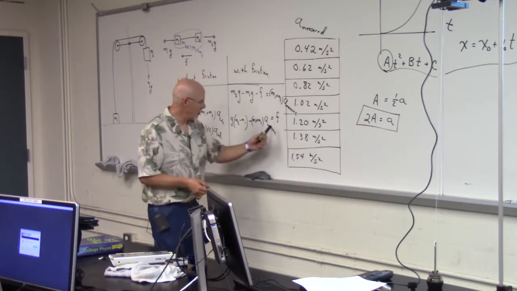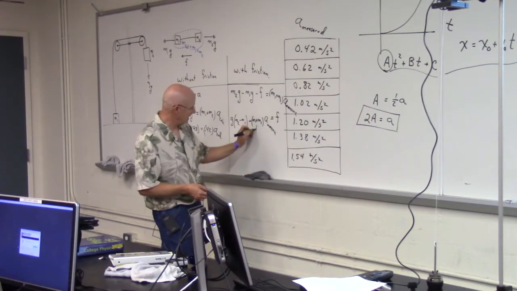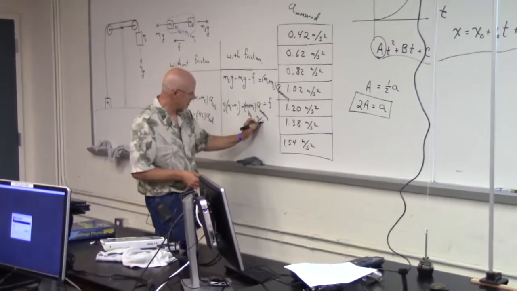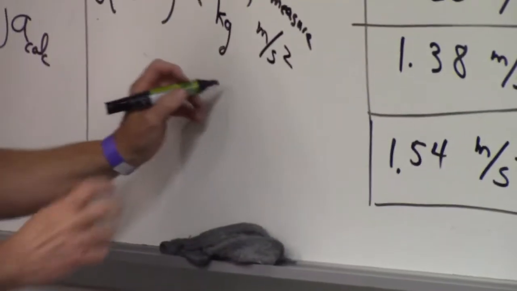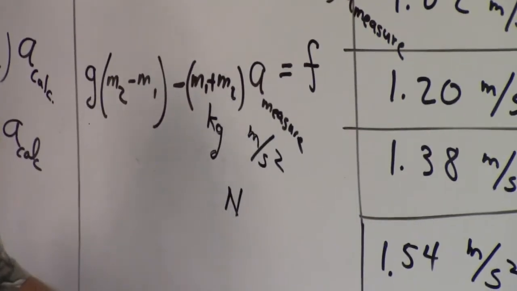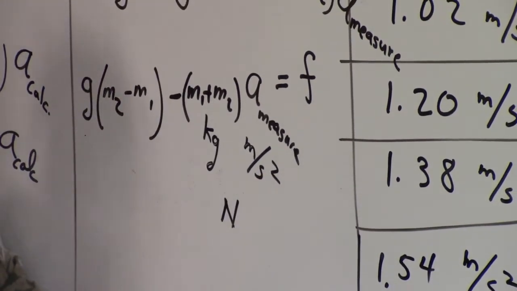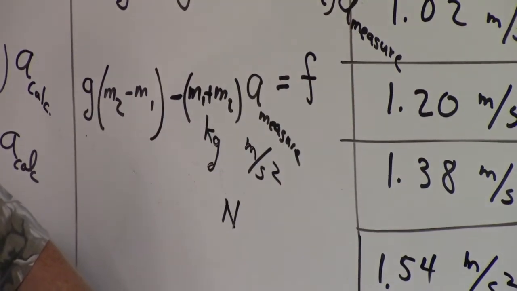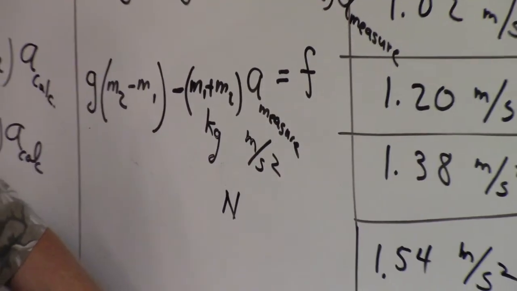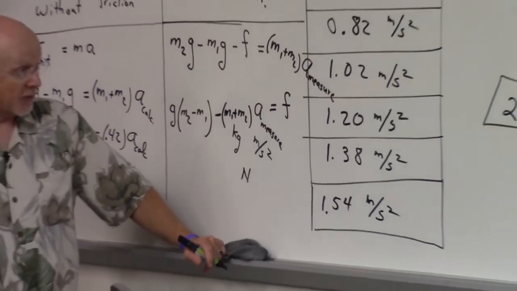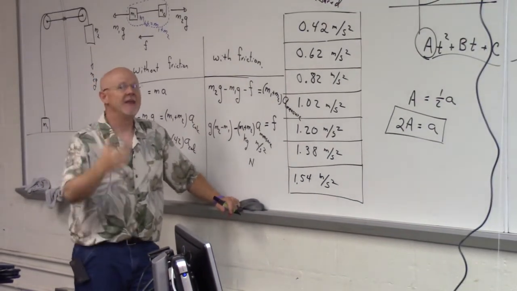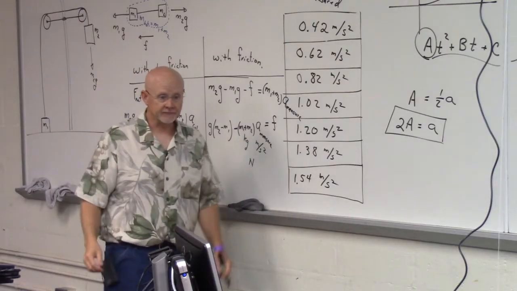And so when you go through here, you'll have this in kilograms and this in meters per second squared. And so when you multiply them together, that is a newton. And that's what we talked about in the lecture for chapter 4, the units for a force. And so make sure you put that in the table, that you're putting down a number and then a unit.